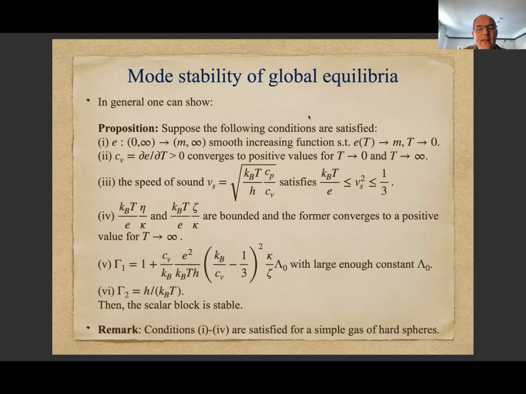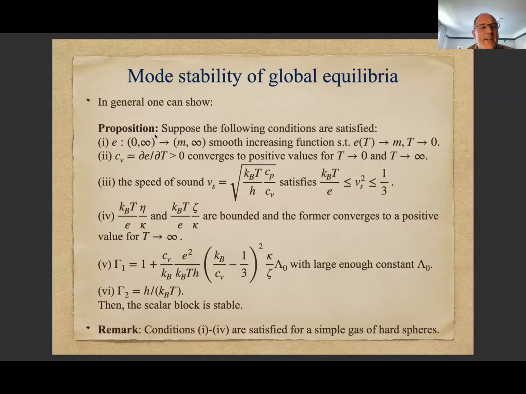What you can show is that under appropriate conditions, the answer is no, it doesn't cross. But for this, we need to make a lot of assumptions, say on the thermodynamic parameters. All of them are quite reasonable and satisfied for a simple gas.